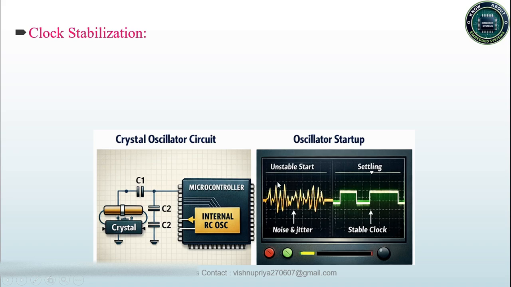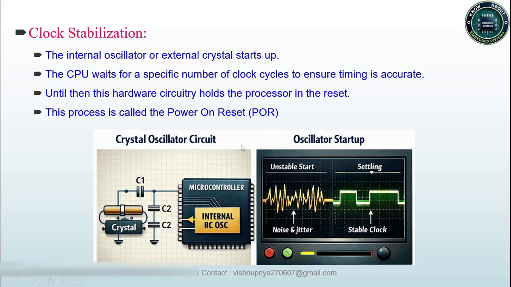If your clock is not stabilized, you will be in the power on reset state. The microcontroller will wait for a certain number of clocks in order to get a stabilized clock and a stabilized frequency value, and until then your processor will still be in power on reset. This is the second point under power on reset.